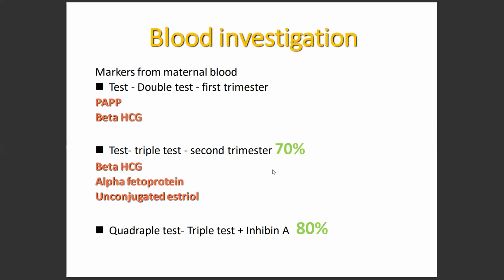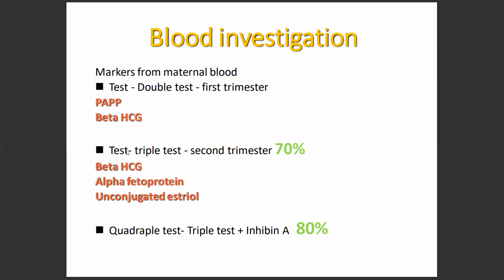So about the blood investigations in the antenatal period, by this blood investigation we have to find out the markers from the maternal blood for the chance of Down syndrome. In the first trimester, we have to test the double test, which finds markers like PAPP-A and beta HCG.